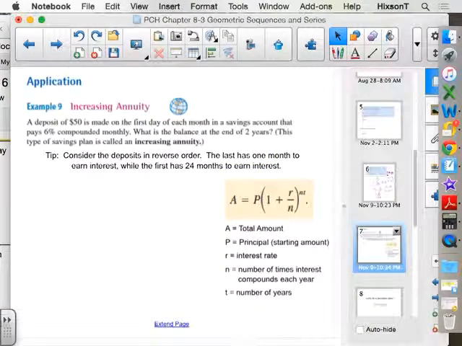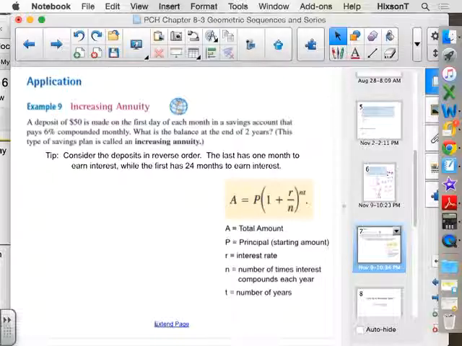Here we have the amount at any given time, that's what A stands for, equals P, the principal, which is the starting amount, times 1 plus r over n to the nt. r is your interest rate, which is a percentage, so you would write it as a decimal. And n is the number of times that you are going to compound the interest every year.